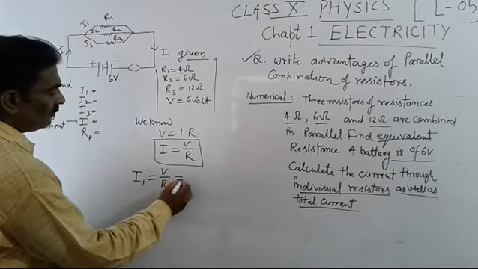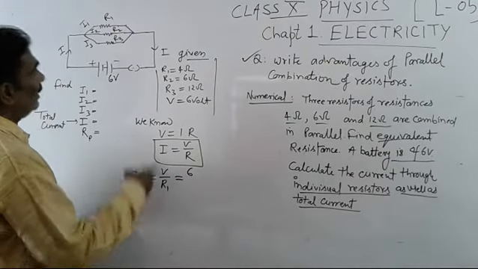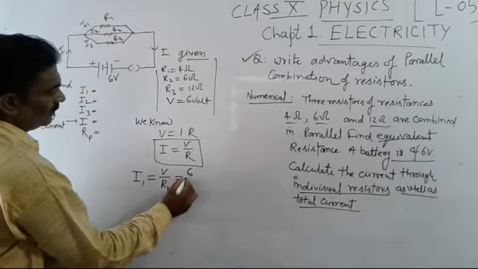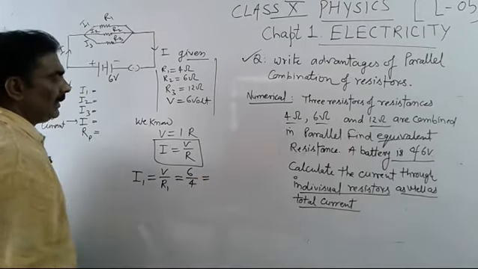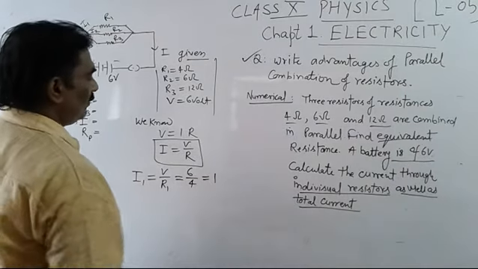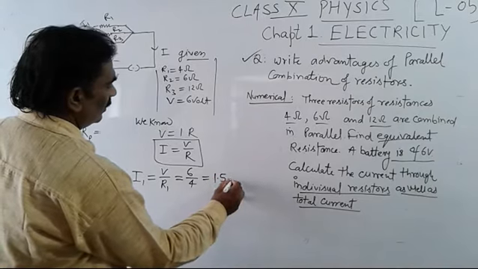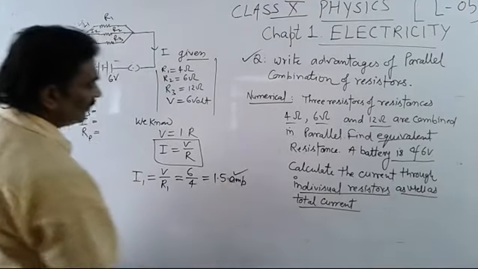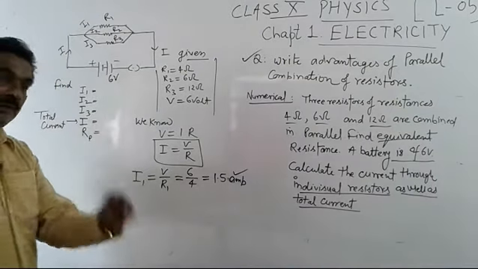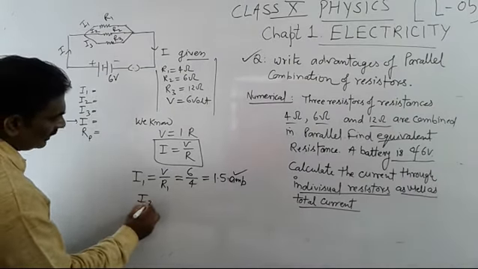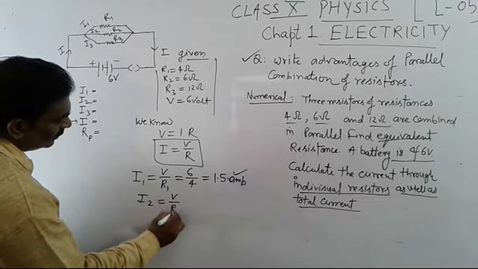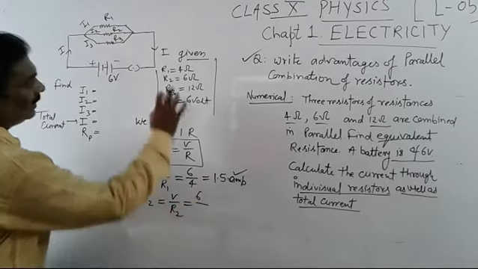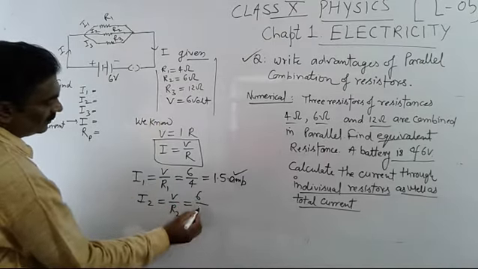So putting V as 6 volt here and R1 as 4, when we divide, 4 1s are 4, 4 5s are 20, we get 1.5 ampere. So students, this is the individual current I1. Similarly, I2 is equal to V upon R2. V is 6 volt and R2 is 6.